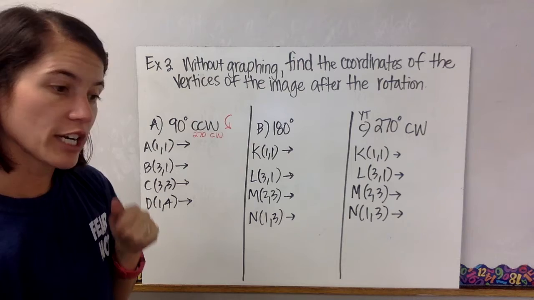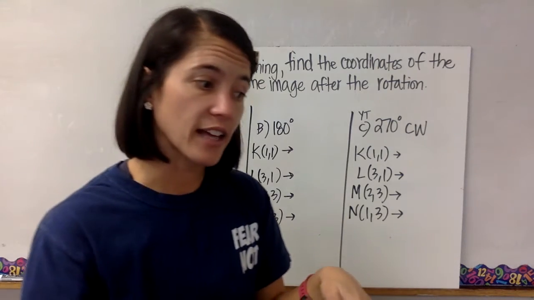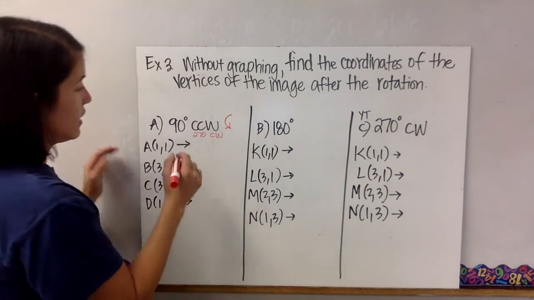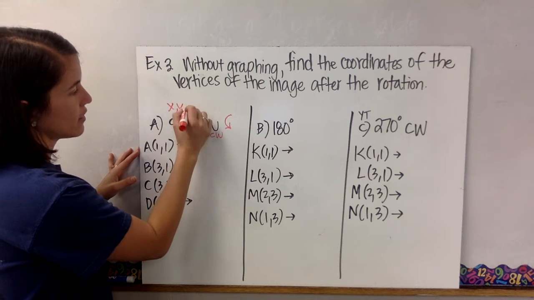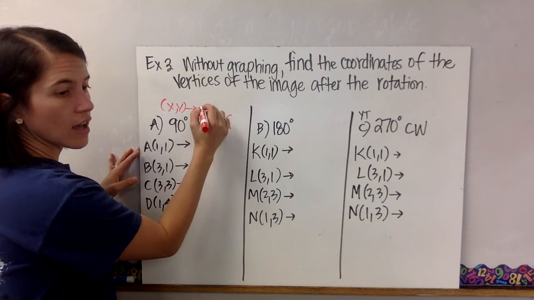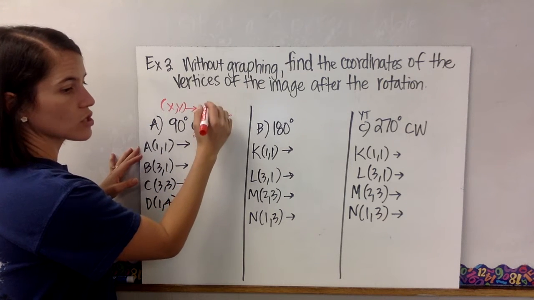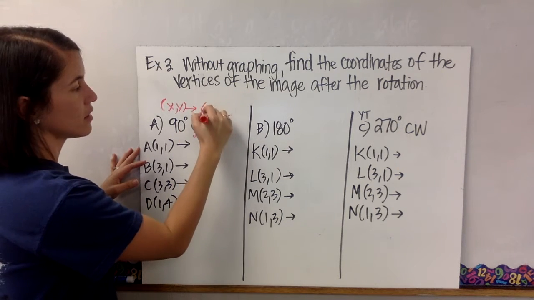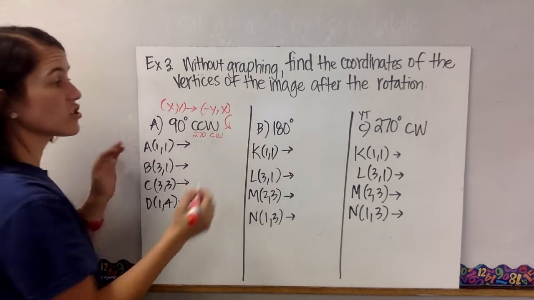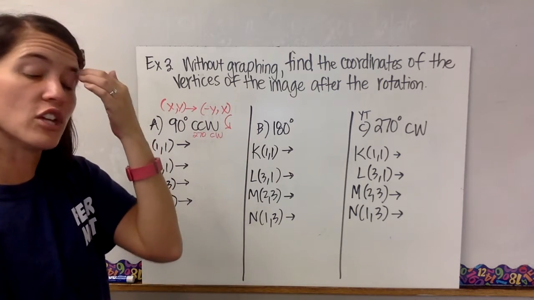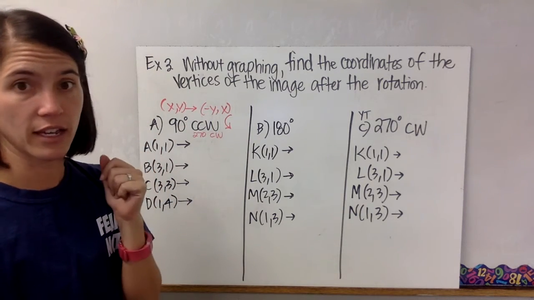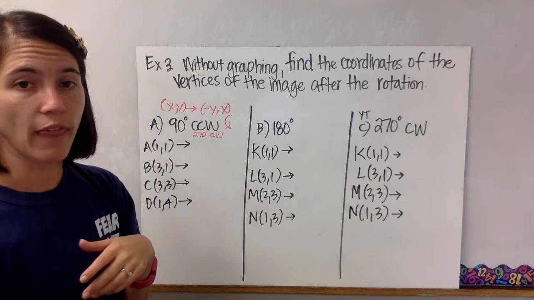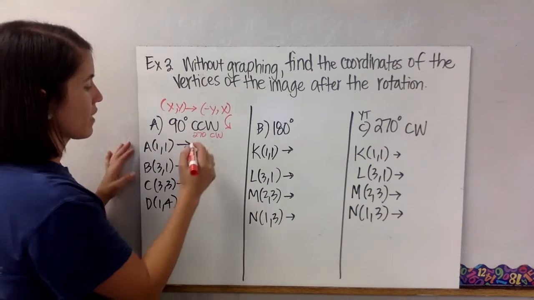And I'm looking at my chart, and I'm reading it right here, it says XY transforms to 270 clockwise, -yx. You switch them, and you multiply the new x by -1.